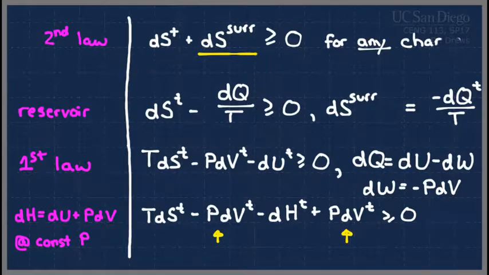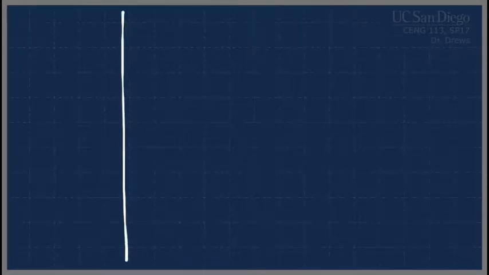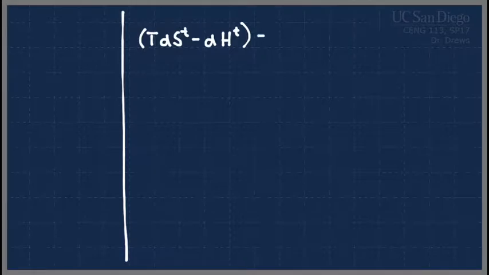So if we do that, I'm going to have to switch over to another page. We can simplify this down one more step to T dS minus dH. This will be equal to minus the change in Gibbs free energy for the system, and all of that has to be greater than or equal to 0.